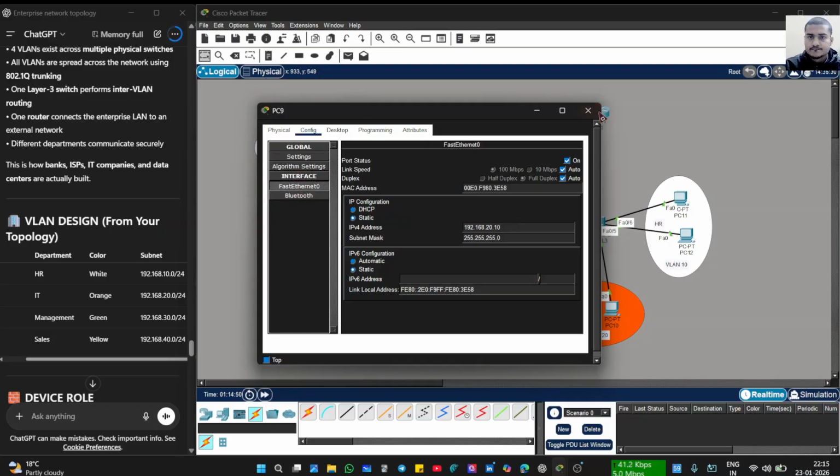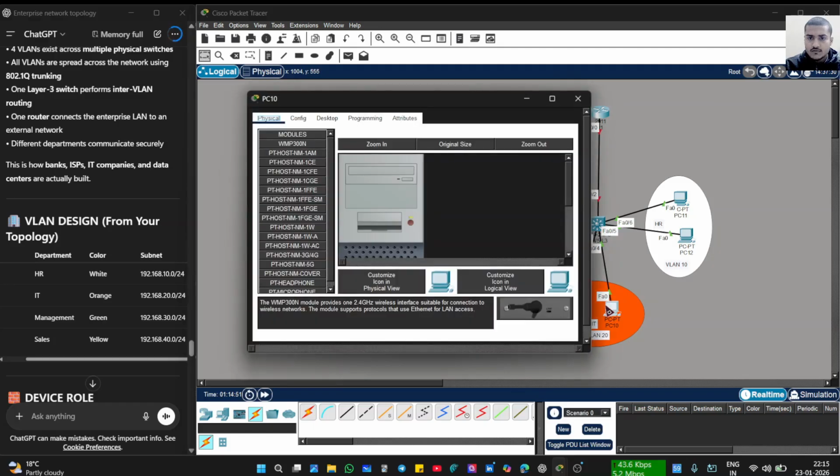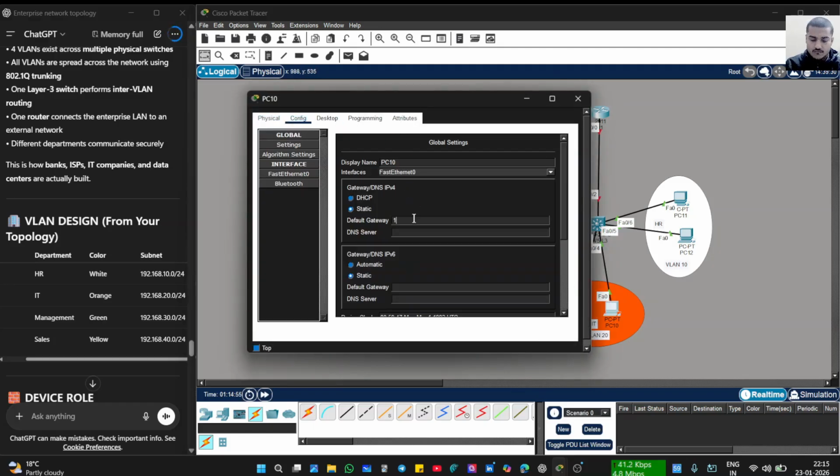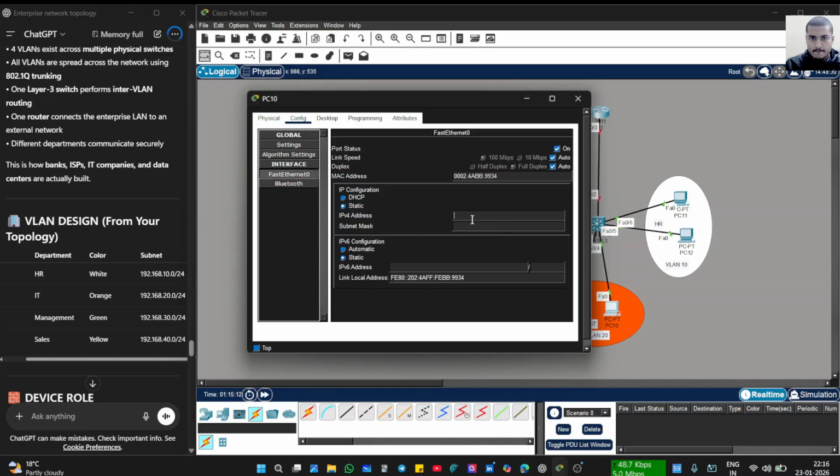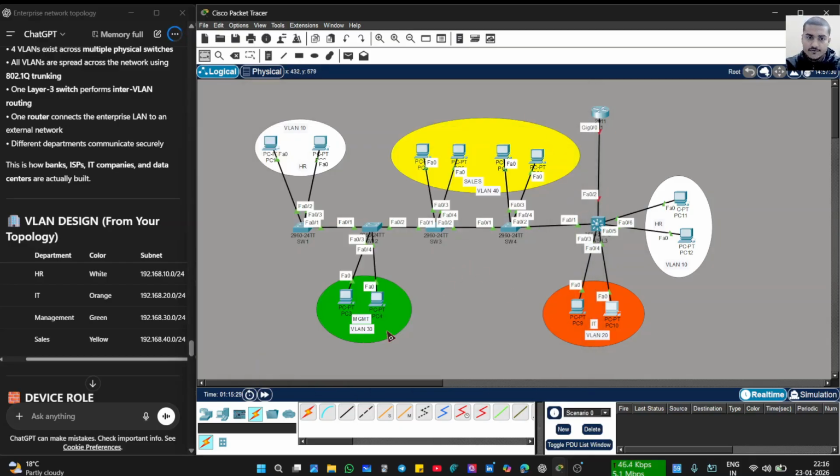The second one would be 192.168.20.11, not 1, this is the gateway, remember that. Now it's done.